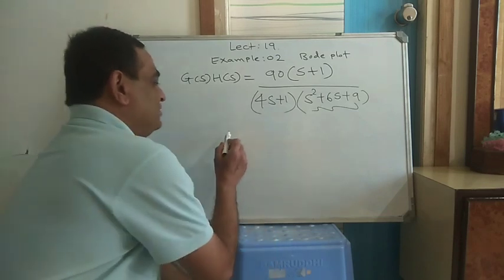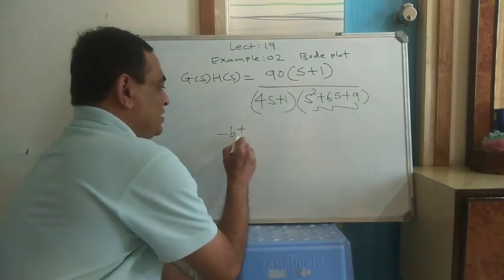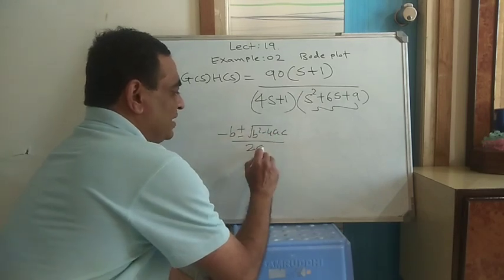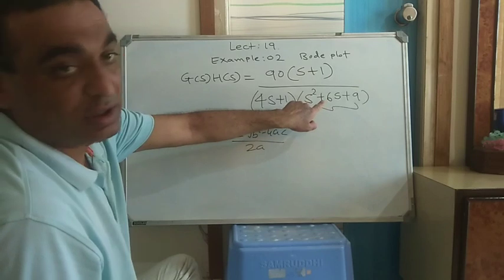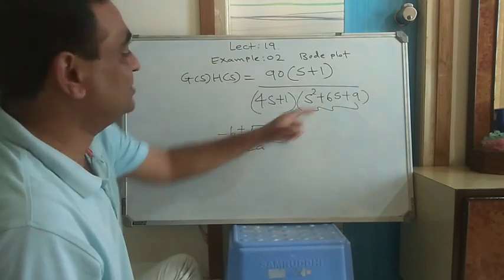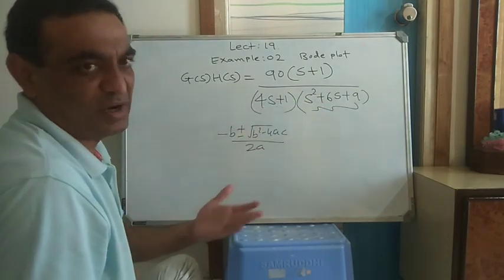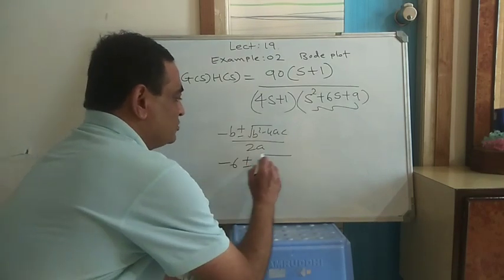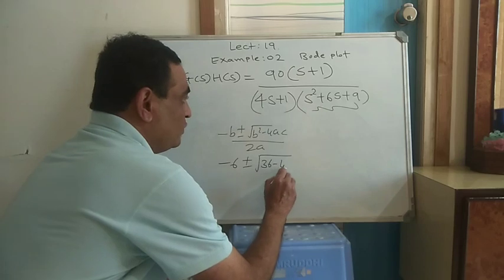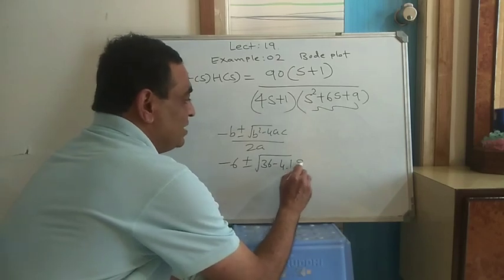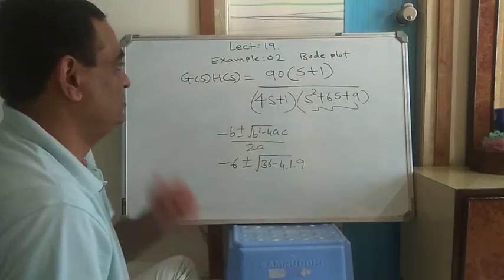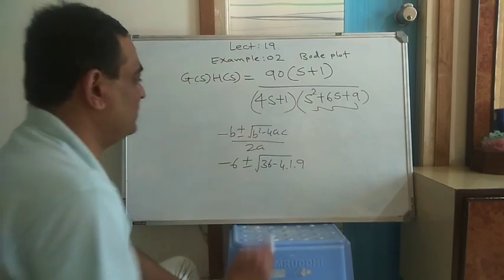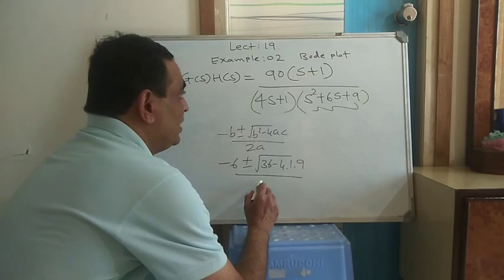So I will check with minus b plus minus under root of b square minus 4ac upon 2a. I can check whether this second order term has real roots or whether it is a complex conjugate. So minus b is minus 6 plus minus under root of b square, which is 36, minus 4ac, where a is 1 and c is 9, upon 2a, so 2.